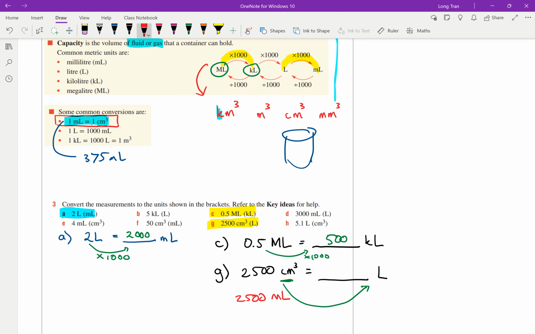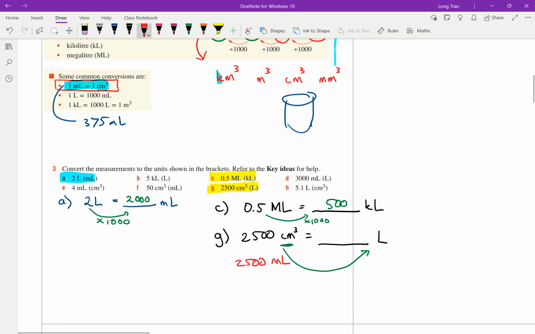And then we can go back to our fluid system and say, all right, I've got 2,500 mils, but I want to move it to liters. Very good. So here I'm going to be dividing by 1,000. And what is 2,500 divided by 1,000? Let's go with AJ. 25. Ooh, very close. How do we divide by 1,000 again? 2.5.